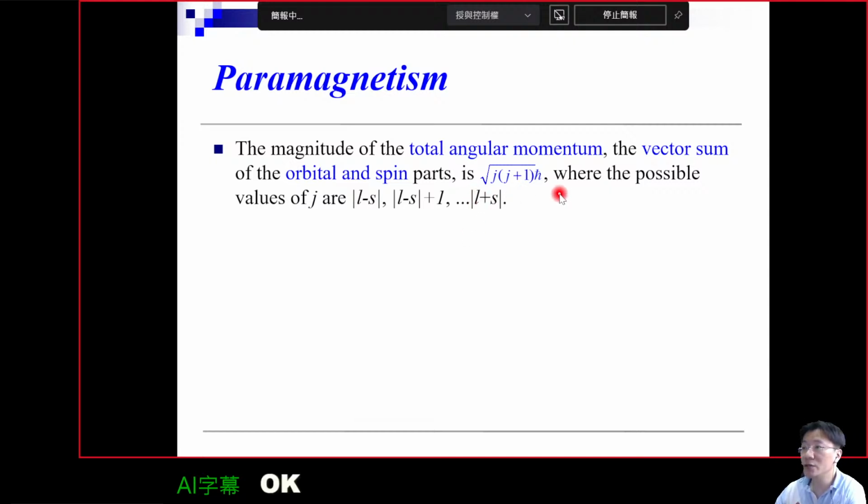Similarly, the total angular momentum is the vector sum of the orbital and spin angular momenta.